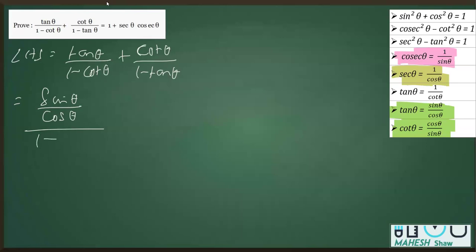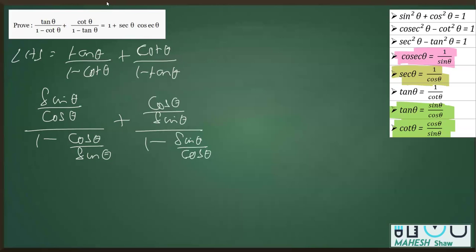Cot is cos theta by sine theta. We have a plus sign in between. And then this cot once again can be written as cos over sine, and 1 minus this tan theta once again will be written as sine theta by cos theta.